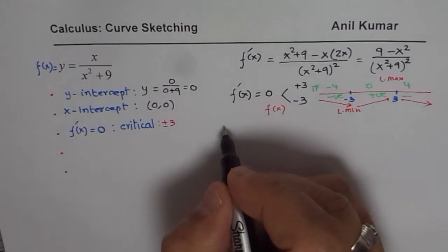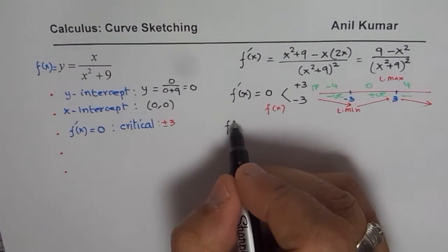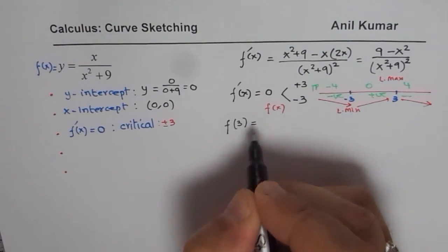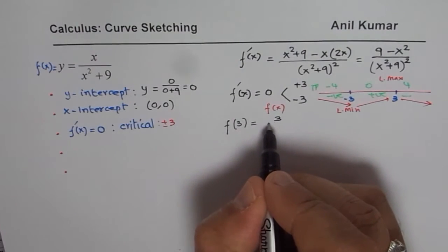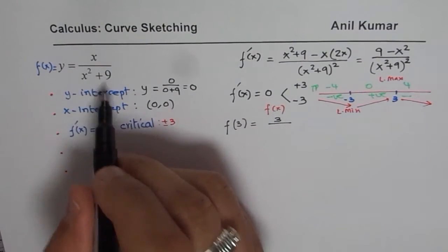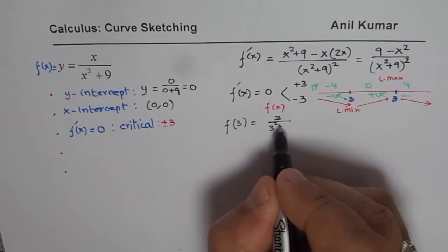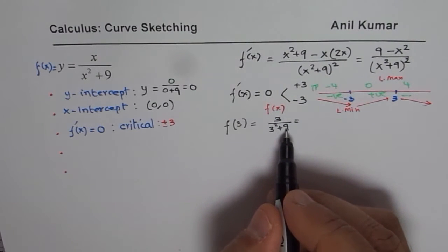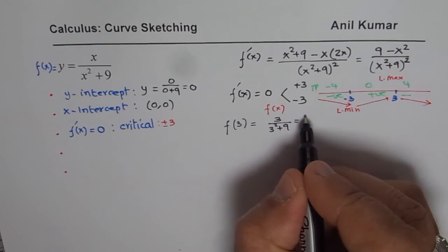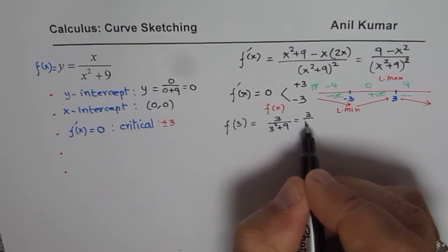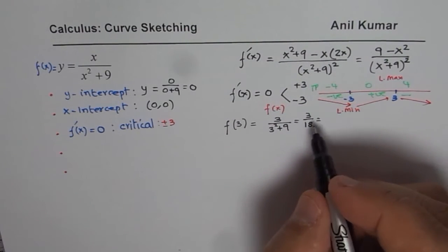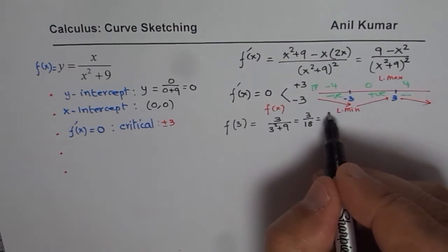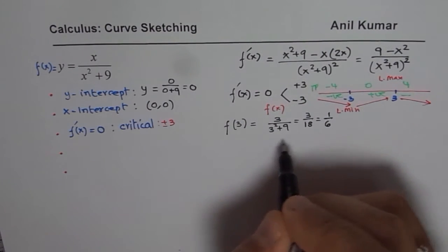So what we have here is f of +3 is equal to 3 over 3 square plus 9, which is, 3 square is 9, 9 plus 9 is 18. So it is 3 over 18, which simplifies to 1 over 6, right?